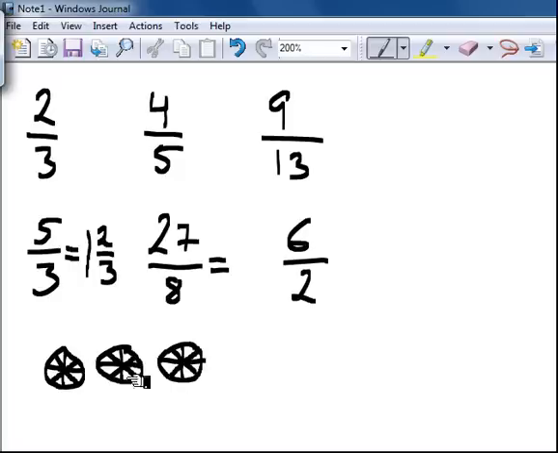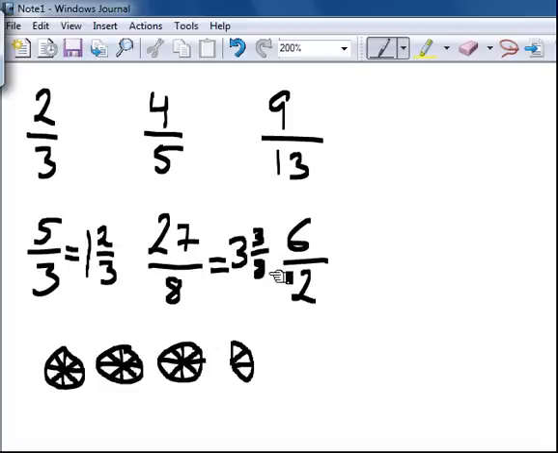Okay, so this is 24, and we're going to have 1 slice, 2. Sorry, we have to draw it correctly. So 1, 2, and 3 slices. 24 plus 3 is 27. So this is 3 whole pizzas and 3 eighths.